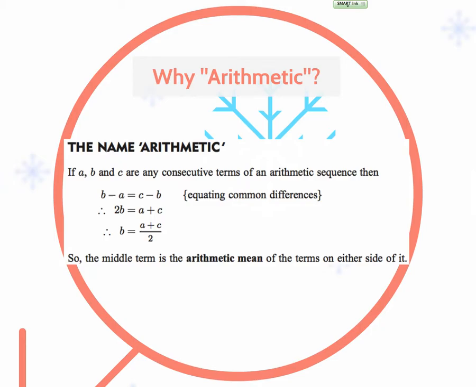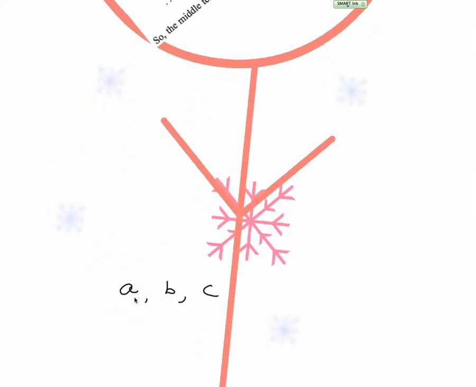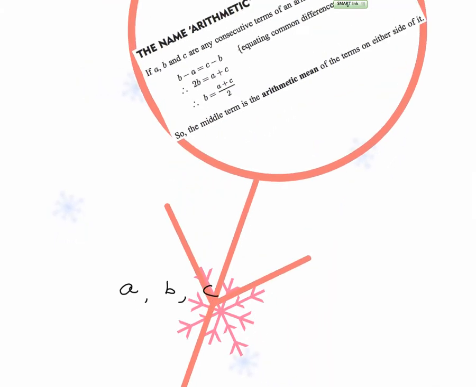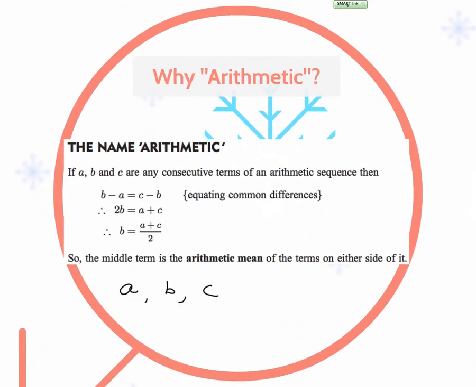If A, B, and C are any consecutive terms in an arithmetic sequence, so the first term, the second term, and the third term are A, B, and C, and you equate the common differences, so B minus A, term minus the term before it, will equal the same thing as C minus B, because a number minus the number before it is going to have the same common difference, because we are adding the same thing.